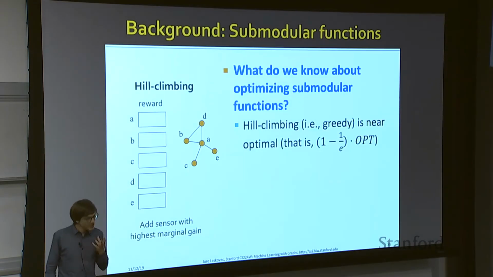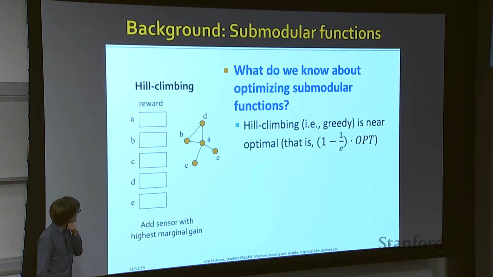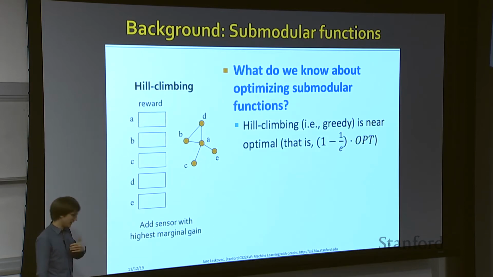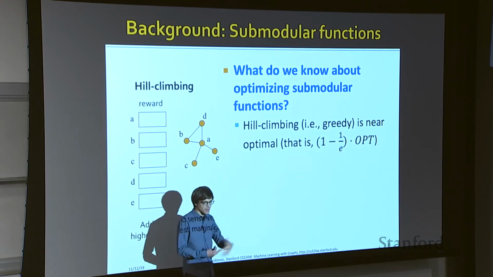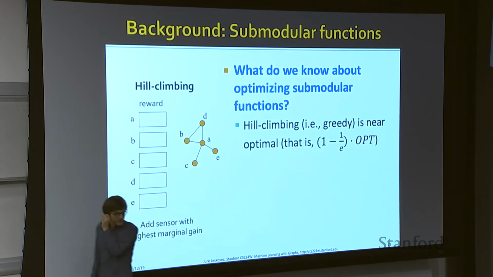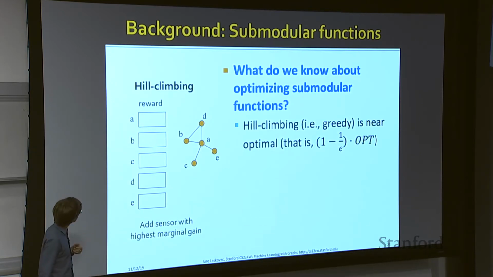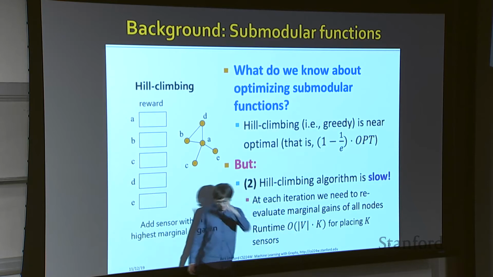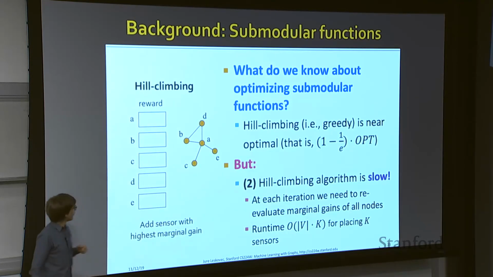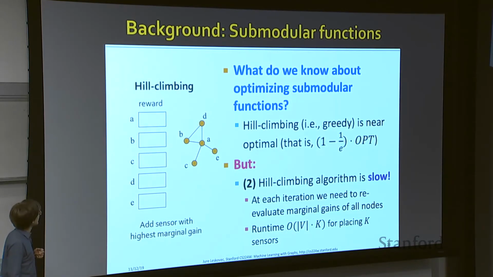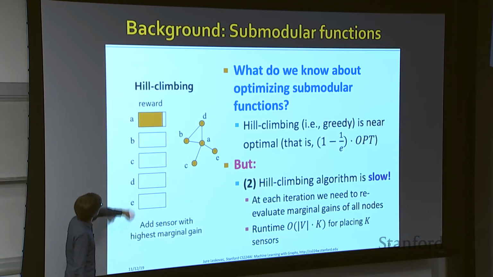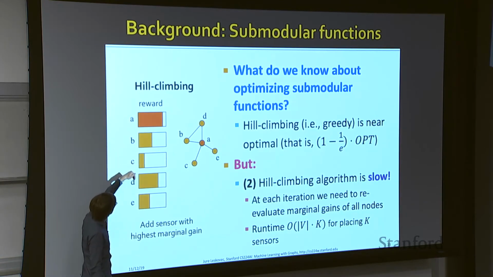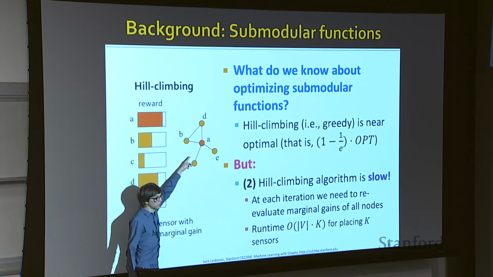Okay? So here's the observation. We want to do greedy hill climbing, either the benefit cost one or the unit cost one. It doesn't really matter. The way these things work is they will be very slow, because at every iteration we need to evaluate all the sensors we haven't yet selected. So we start with no sensor selected, we evaluate the reward of each one of them, pick the best, and place it.